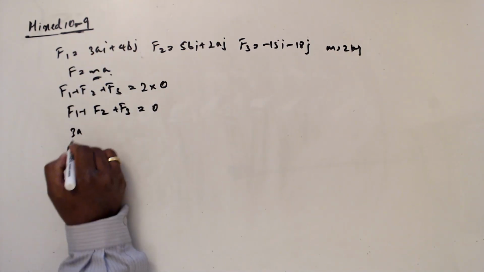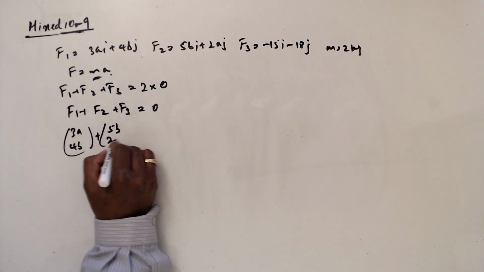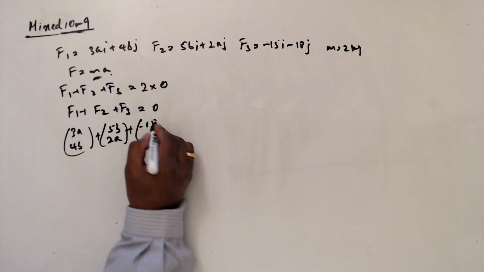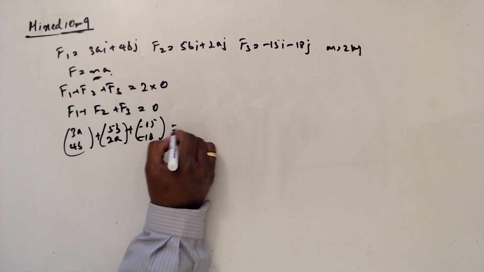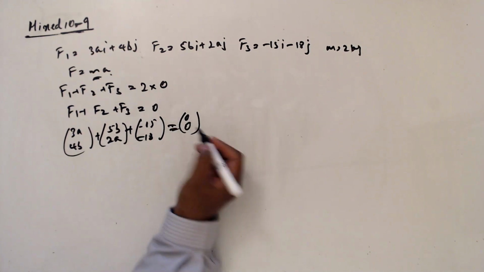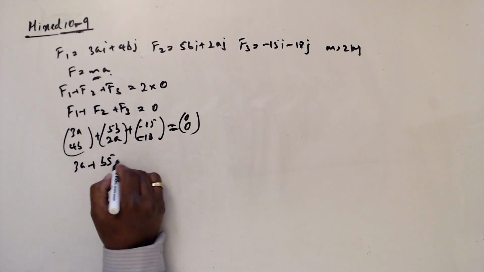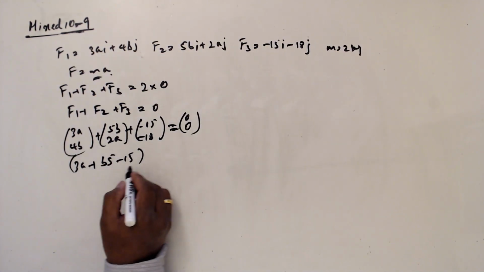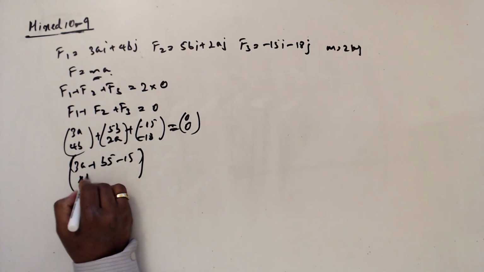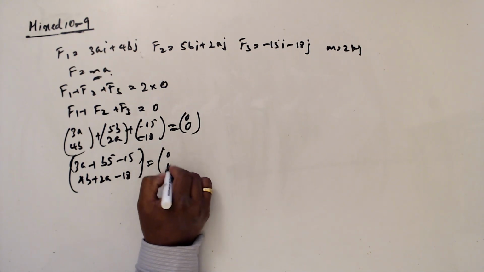So (3a i + 4b j) plus (5b i + 2a j) plus (-15i - 18j) equals 0. So 3a plus 5b minus 15 and 4b plus 2a minus 18 equals 0, 0.